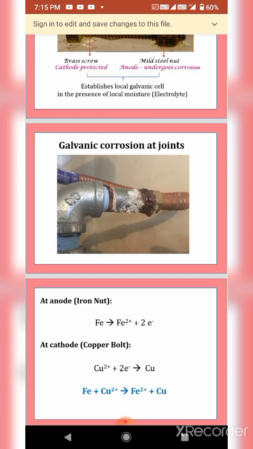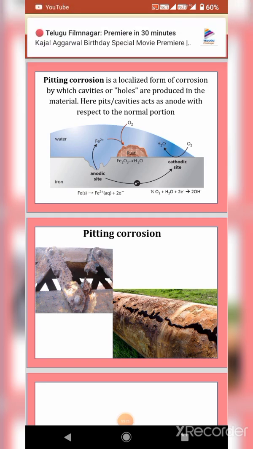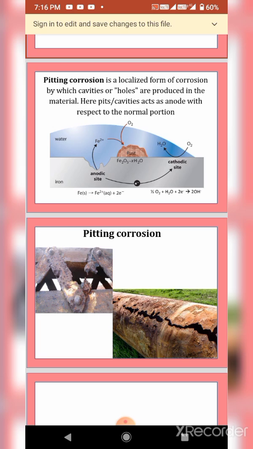So let's discuss our next corrosion. Pitting corrosion. Manufacturing defects or accidentally happened scratches or cracks on the metallic structures are responsible for this type of corrosion. These scratches or cracks gradually expand into a pit due to corrosion.